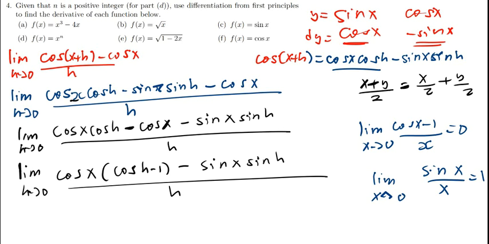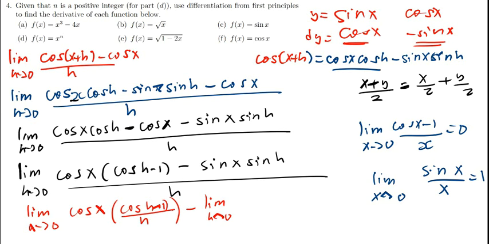So we're going to have the limit as h approaches 0 of cos x times cos h minus 1 divided by h, minus the limit as h goes to 0 of sin x times sin h over h, like that.